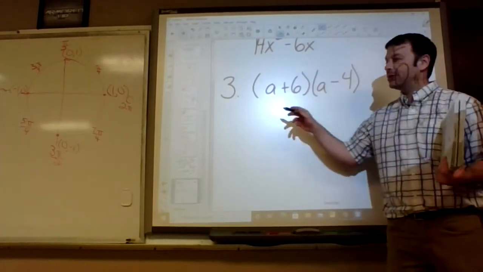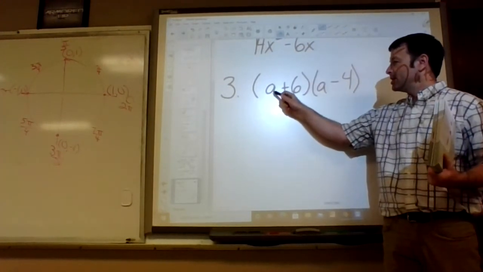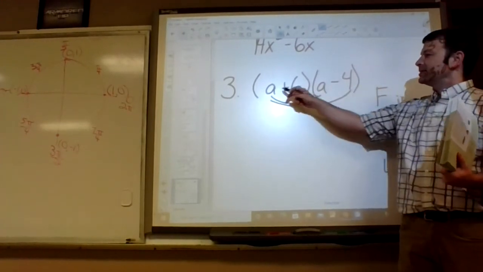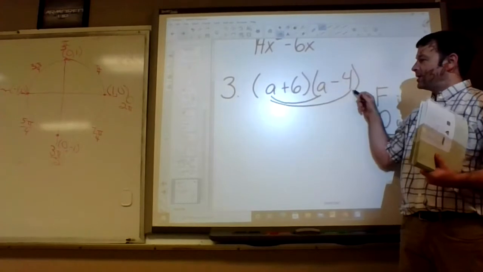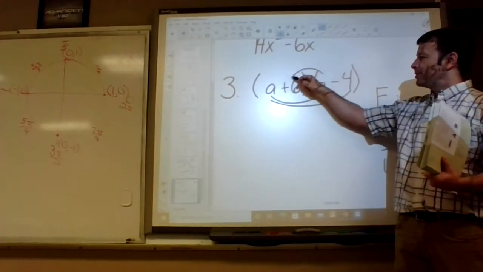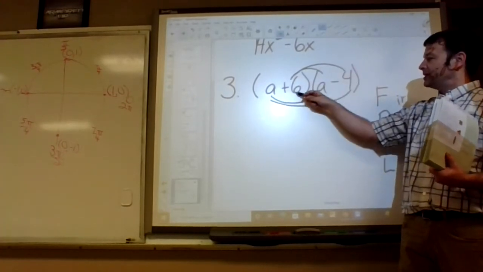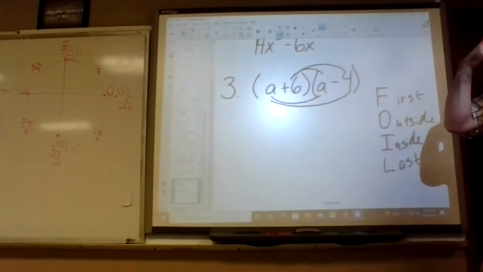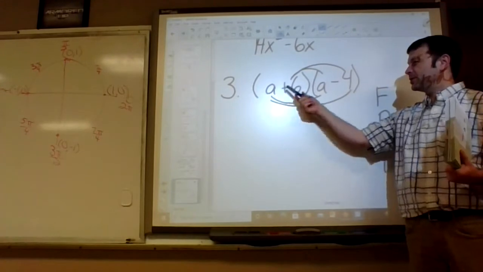Really, this is the distributive property kind of on steroids. So a gets multiplied to both of these. That's basically the first and the outside. 6 gets multiplied to both of these. That's the inside and the last. And that makes FOIL. Okay, so if I multiply the first, Jordan, what's a times a?